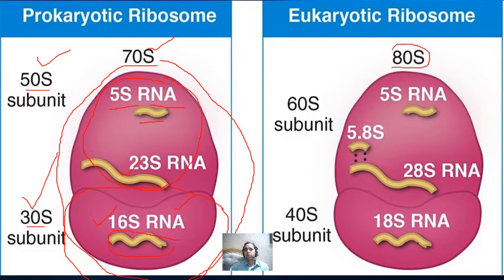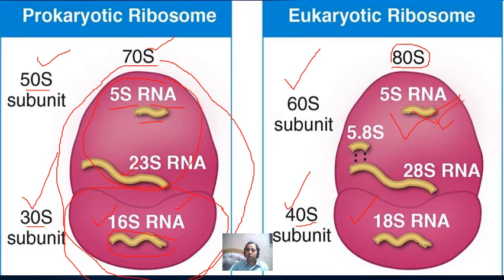On the other hand, in the case of the eukaryotic cell, here you can see it is 80S. This is the larger subunit and this is the smaller subunit. The larger subunit will sediment at the rate of 60 and the smaller subunit at the rate of 40 Svedberg. Similarly, this also has three pieces of RNA.